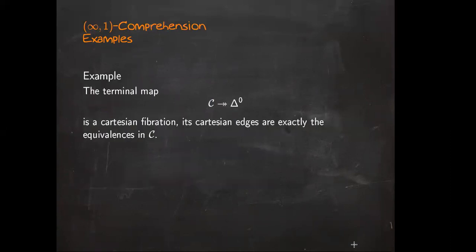So we can look at another kind of degenerate example, namely the map into the terminal object is a Cartesian fibration for every infinity category C. Now, its Cartesian edges in this case are exactly the equivalences.